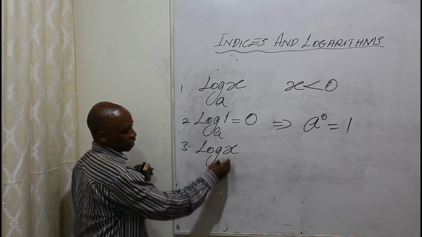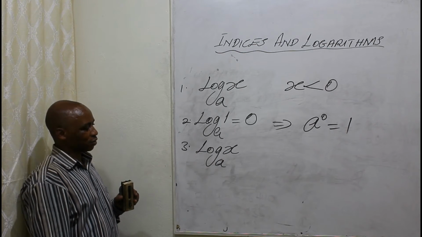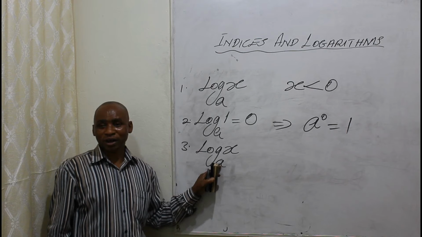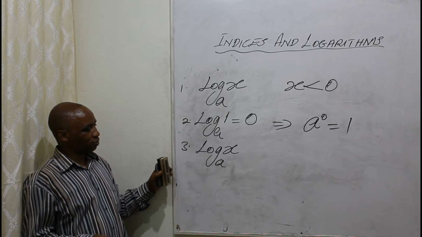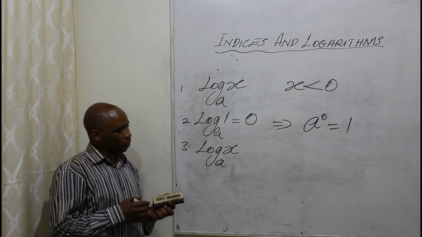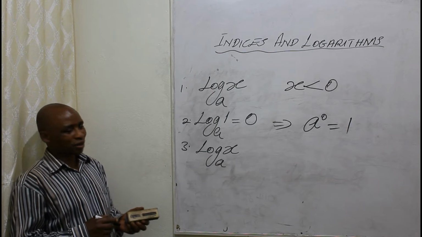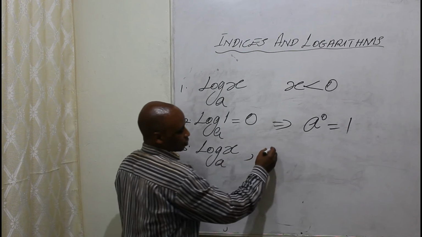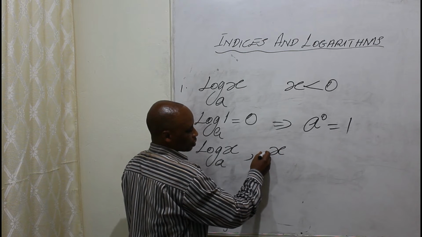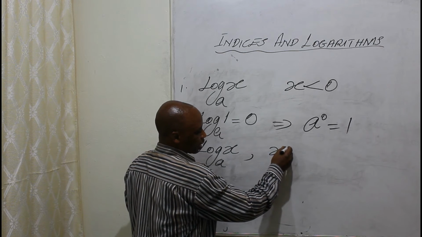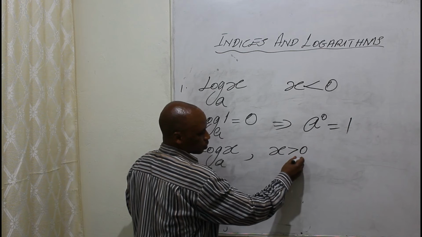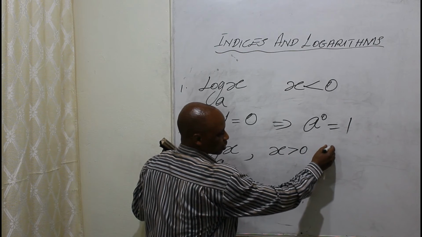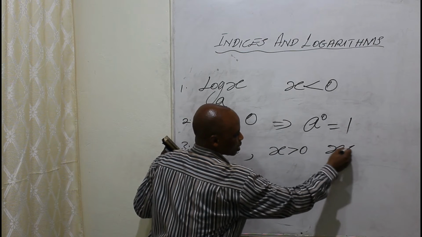to a certain base a, don't forget a is a variable, it can stand for any number, and x is a variable, but x is a proper fraction, such that this x is greater than 0 but is less than 1.